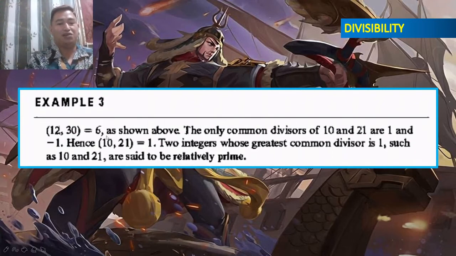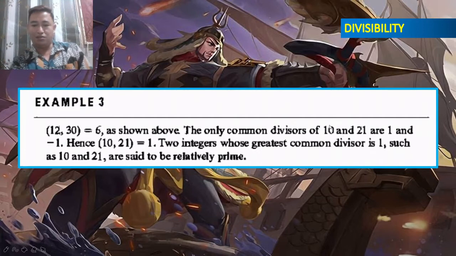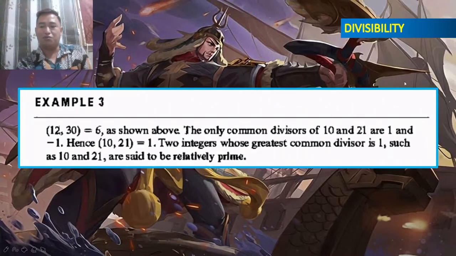GCD of 12 and 30 is equal to 6. Okay, as shown above. Ganina nakita. So, the only common divisors of 10 and 21. Okay, class. Kung sa mga divisors, si 1 lang daw, o si negative 1. Kanin silang duha, always, gini sila common divisors, si negative 1 o si 1.